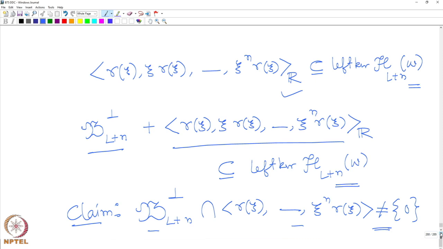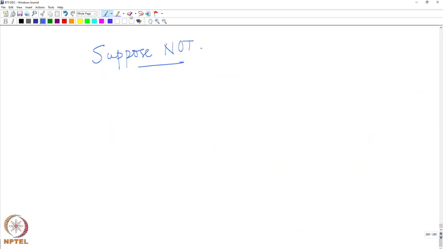Before we prove the claim, let us look at that interesting bit. I am not going to prove the claim right away. I am going to first prove a consequence of the truth of the claim, a little aside.